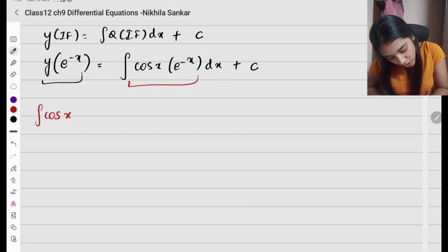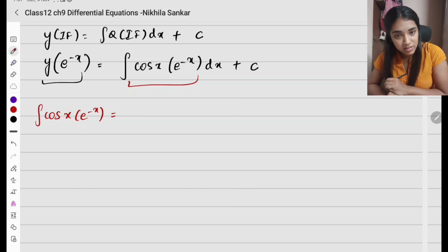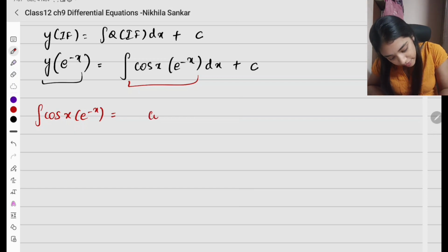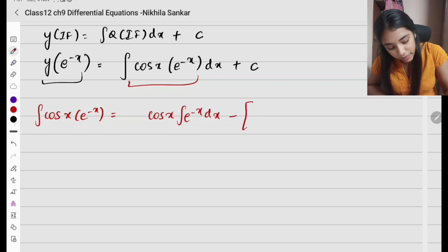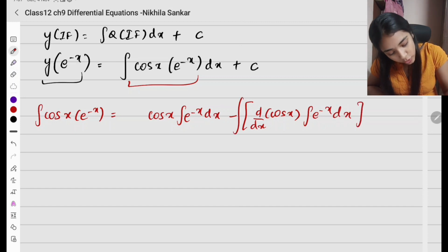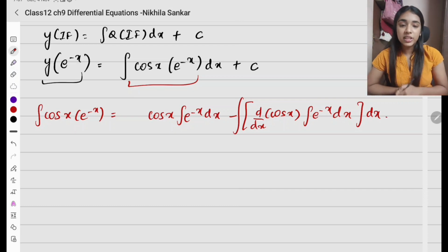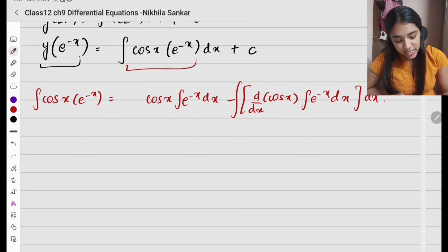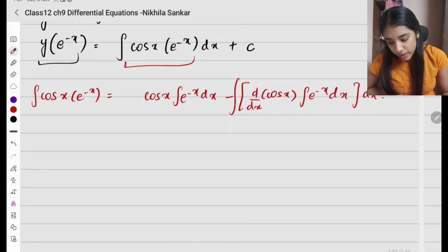So this is cos x times e to the minus x, integrating by parts. So I'm going to have cos x times the integration of e to the minus x dx, minus, open a bracket, integral of d by dx of cos x times the integration of e to the minus x dx, close the bracket. You remember this? Very good. This is integration by parts. Now let's solve this.